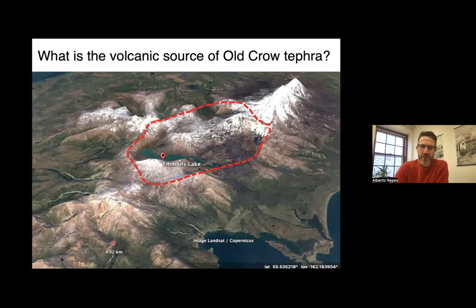This is a huge caldera, 16 to 20 kilometers in diameter, in the Aleutian Arc. For comparison, Crater Lake has a diameter on the order of 8 kilometers or so. So just a monstrous caldera-forming eruption at some point from Emmons Lake. Whether that's the source of Old Crow tephra or not is still up for grabs.